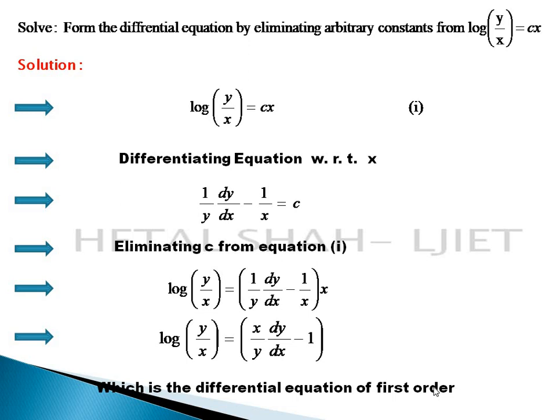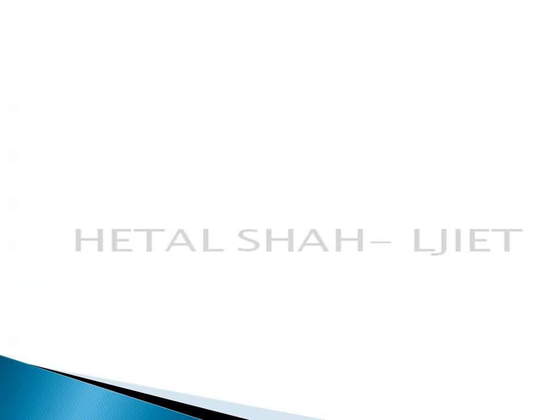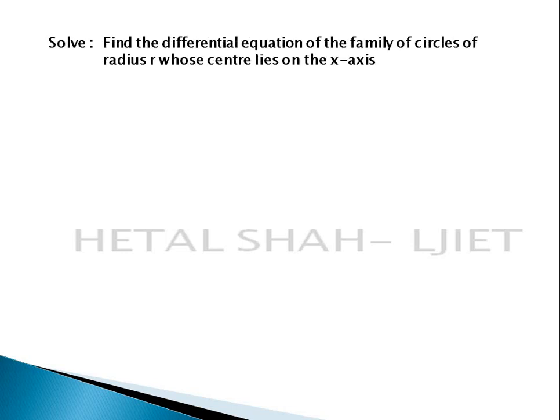Okay, now let's take one more example for the formation of the differential equation. Here the statement is: find the differential equation of the family of circles of radius r whose center lies on the x-axis. First we want to write the equation for the family of circles of radius r whose center lies on the x-axis.